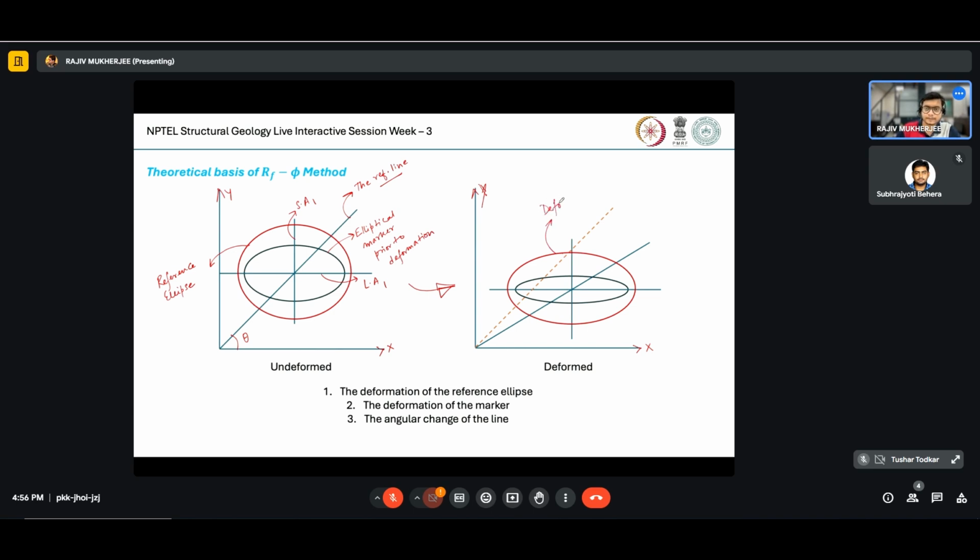So deformation of the reference ellipse is considered as the strain ellipse.